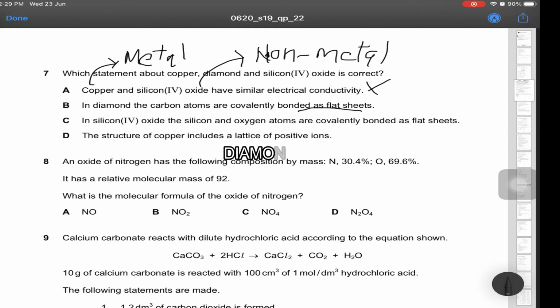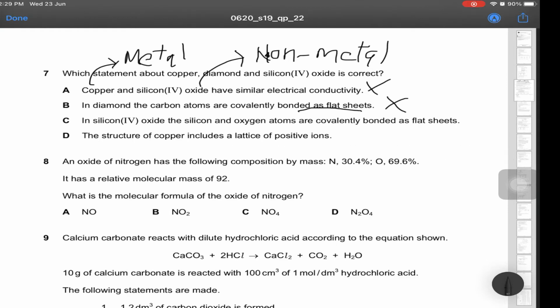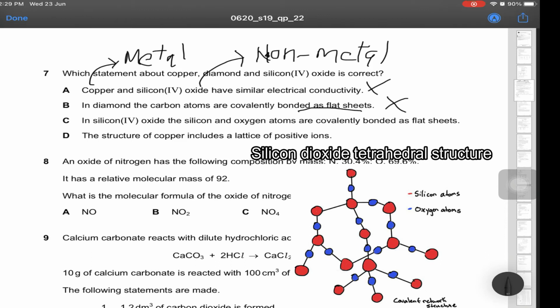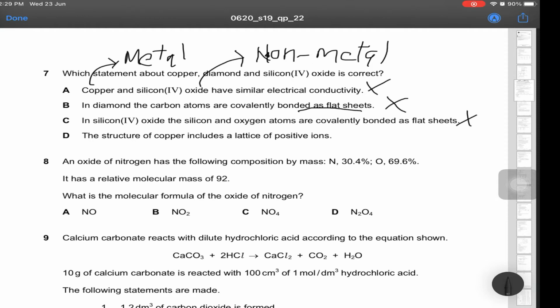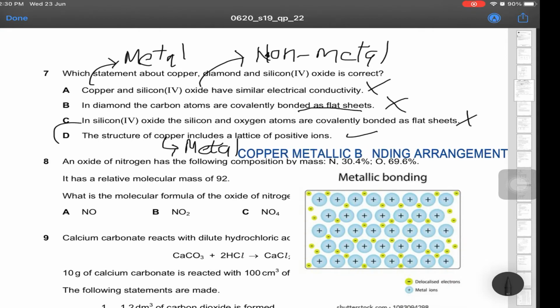However, in diamond they're actually bonded in a tetrahedral arrangement. So it's wrong. C. In silicon(IV) oxide, the silicon and oxygen atoms are covalently bonded as flat sheets. Just like diamond, silicon(IV) oxide is also bonded in a tetrahedral arrangement. So C is wrong. For D, the structure of copper includes a lattice of positive ions. Copper is a metal, so it is definitely bonded with metallic bonds, which includes a lattice of positive ions surrounded by a cloud of electrons. So D is correct.